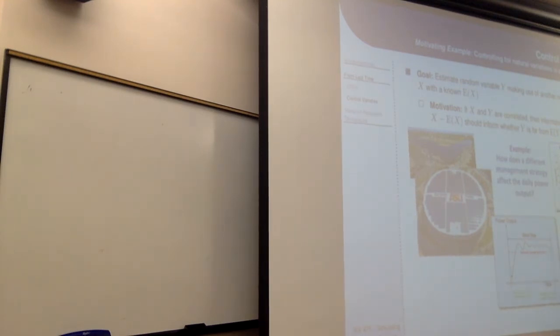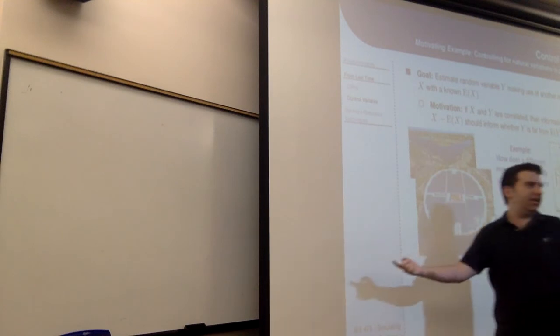I know that the temperature that day correlates with how much sun is available. So the idea would be: if I know the temperature that day, is there any way I can use the variance in the temperature to remove variance from the output of my sim so I can better compare my two operational strategies?